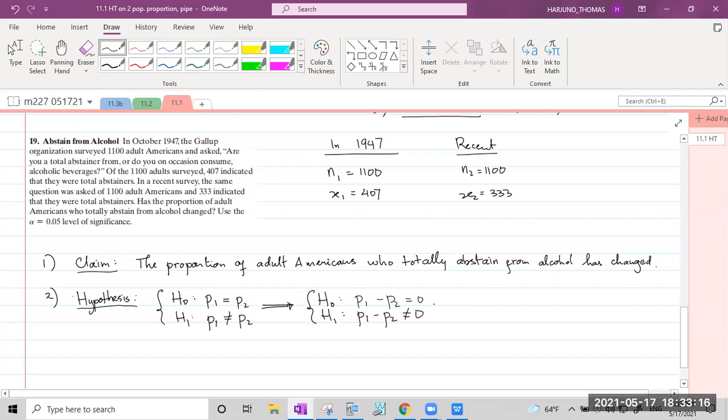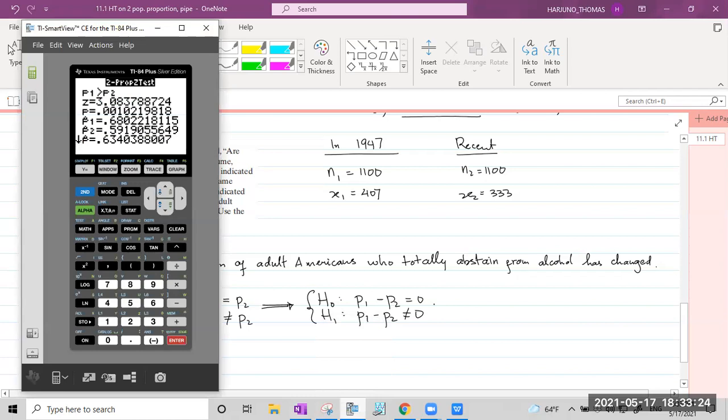Now I will do the test statistic, but I don't have any numbers yet. I want to show you, if you want to focus on what you want to get, then you will do this. You go to Stats, Test, 2-PropZTest.